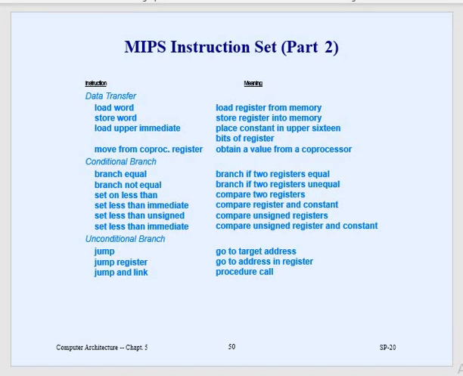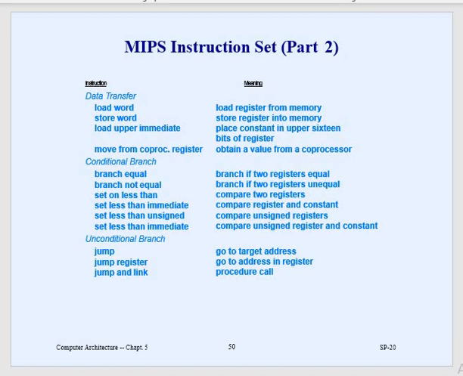Typically these commands are handled by the microsequencers, because they include load word, which loads a register from memory, store word, which stores a register into memory, load upper immediate, which places a constant in the upper 16 bits of the register, and move from coprocessor register, which obtains a value from a coprocessor. So these are the different commands that are part of data transfer.